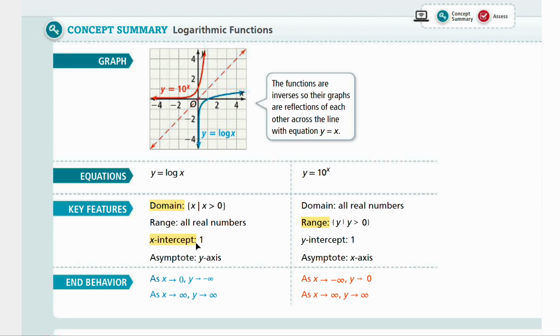And so the x-intercept and y-intercept would be swapped, and the asymptote would also be inverses. So these are very important to notice. The end behavior will also be inverse to each other, and the graphs will look like a reflection over the y equals x line.